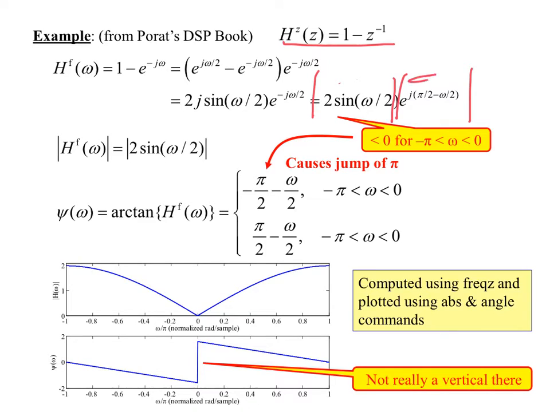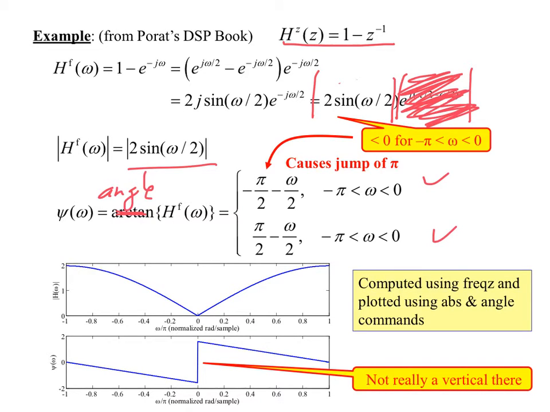Magnitude of the second part is 1, so we can ignore that. And so we're left with just the magnitude of it, which looks like that. And then again, I mistyped this here. This should be angle. I'll try to fix that in the notes that I'll post. So the angle of that would end up looking like this.